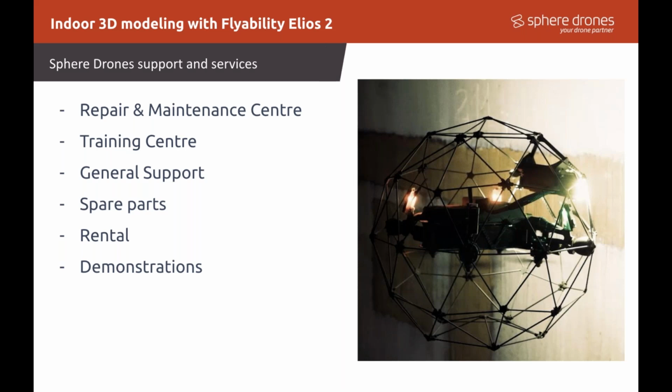General support, so we've got a very strong team of technicians, engineers, pilots who can all provide a very high level of support for not only the Flyability products, but all the other drones that we know and love, such as DJI. Spare parts, so having the offices both in Sydney and Perth, we stock a majority of spare parts, and we've got a large stock.